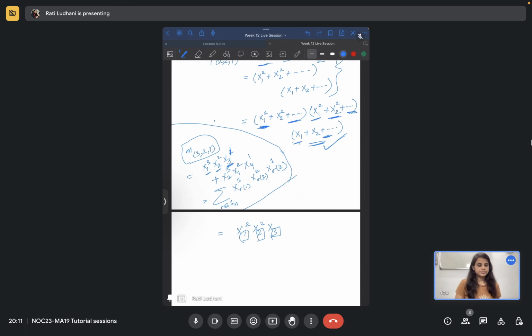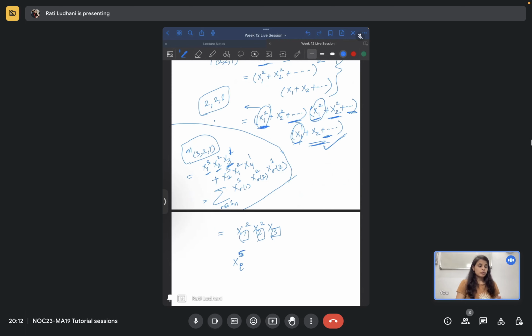Now think about one more thing. This is a partition of 5, because the degrees are 2, 2 and 1. But what can happen? You can have x1 square, x1 square, and x1 square, so you will be having xi raised to power 6 or xi raised to power 5 also.